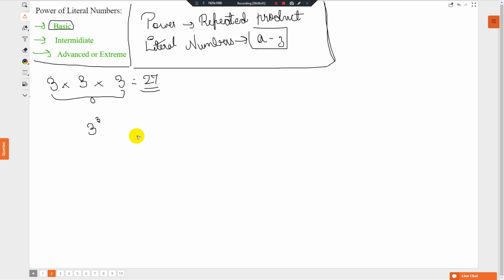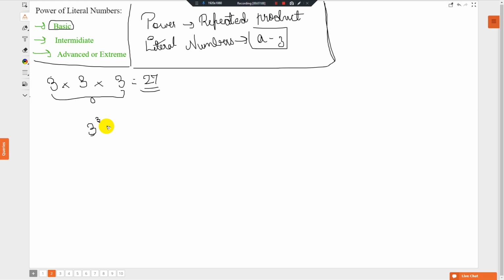How did we form it? Which number is given here? 3 is given here. We wrote 3 first. How many times is 3 repeated to get the product? 1, 2, 3. So 3 times.